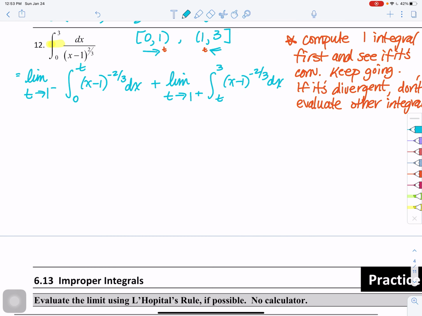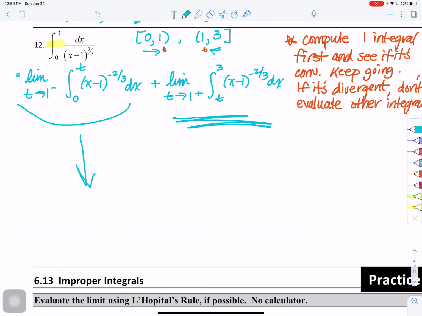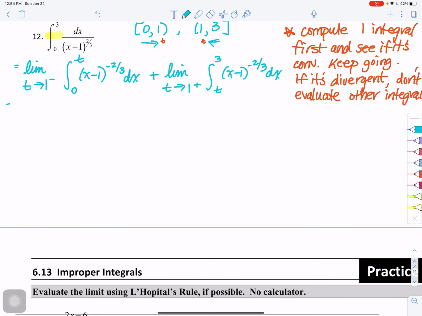Now, what I was saying over here is you can go ahead and compute this one and wait on this one, but I'll show you just working both of them together just in case. So we have this, and we have the limit as t approaches 1 coming from the left. The derivative of the something is 1, so we don't even need substitution. We can just add 1, and that would be 1/3, and divide, which would be a 3, evaluated from 0 to t, and then we'll do the same thing.